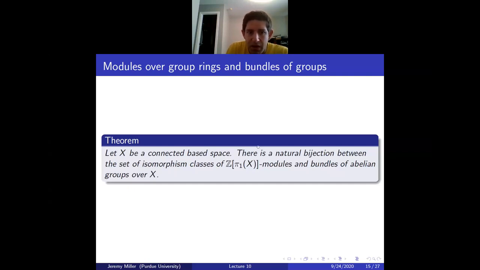So I'm going to tell you how, given a bundle of abelian groups, to build a module over the fundamental group, and given a module over the fundamental group, build a bundle of abelian groups. And from this module perspective, it'll be a little bit easier to say what homology is.